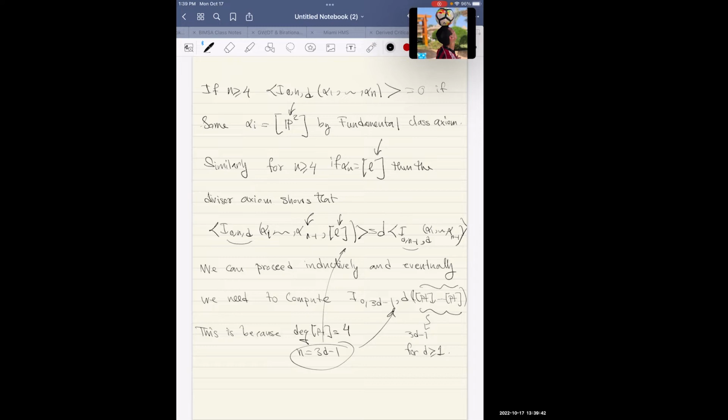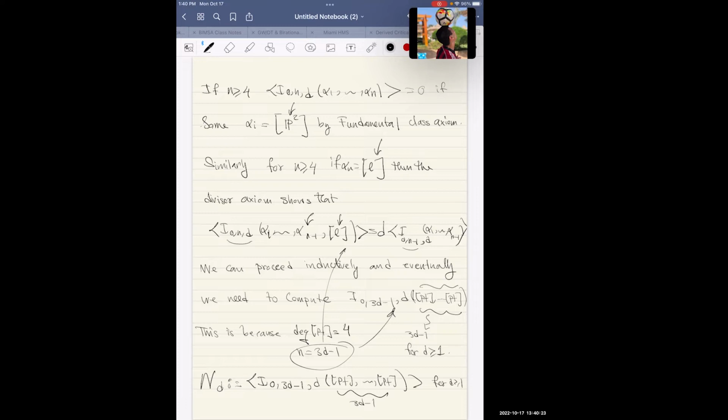Basically, this is the last element of the computation, because either your alpha is the point class or the line class or the class of P2. So it boils down to that. And this number, by the way, let's call it something. N of d, I'm going to define as the Gromov-Witten invariant of genus 0, 3d minus 1 marked points, curves of degree d, with class point all the way to point, 3d minus 1 of these things, for d bigger than or equal to 1.